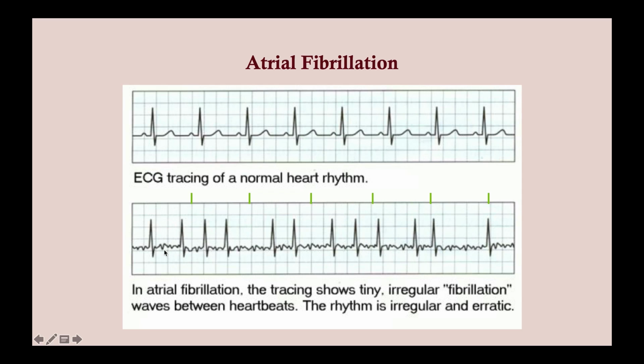So you're not going to see your T wave, but it is actually there. Here you can see irregular activity between your QRS complexes. So there is an absence of a normal P wave because you don't have normal coordinated atrial depolarizations.